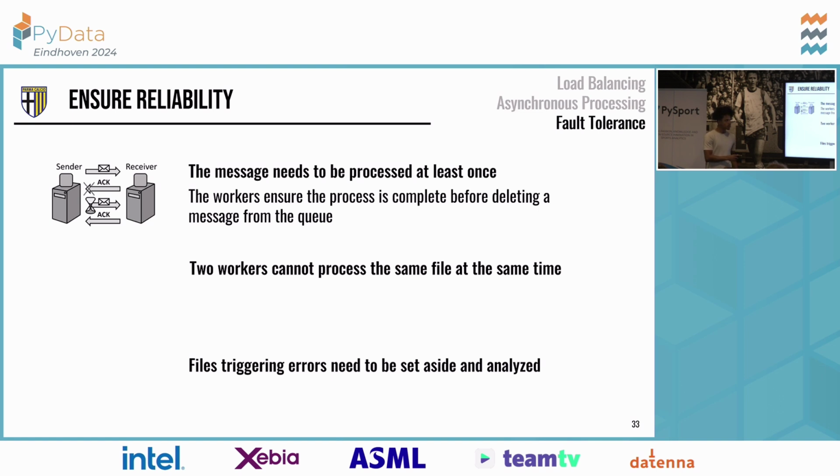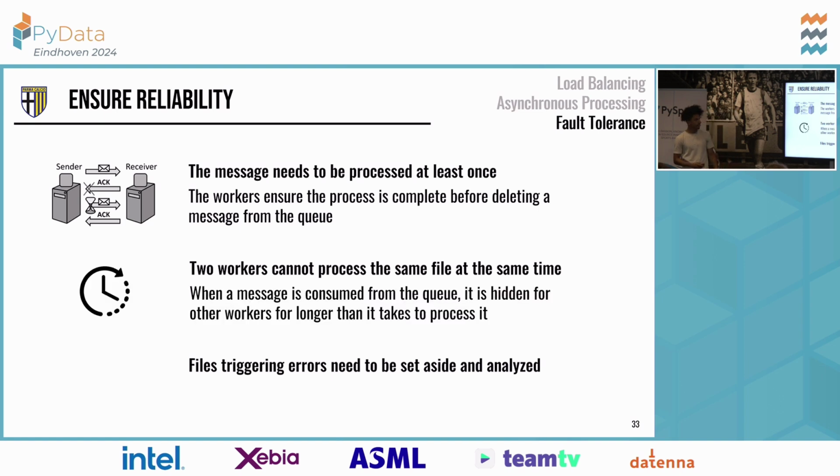Two workers cannot process the same file at the same time, and for that we have what we call a visibility timeout, meaning that when a message is consumed from the queue, it's not visible anymore to other workers for the time that we process it. So they can't fetch the same game.